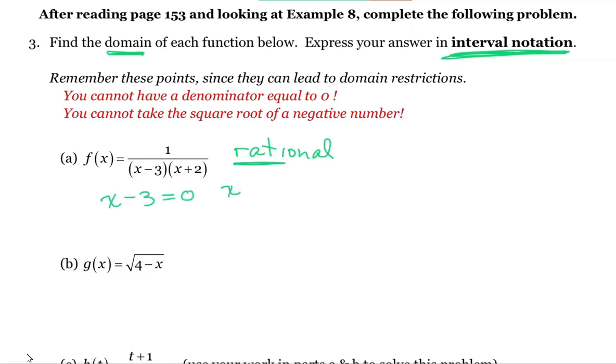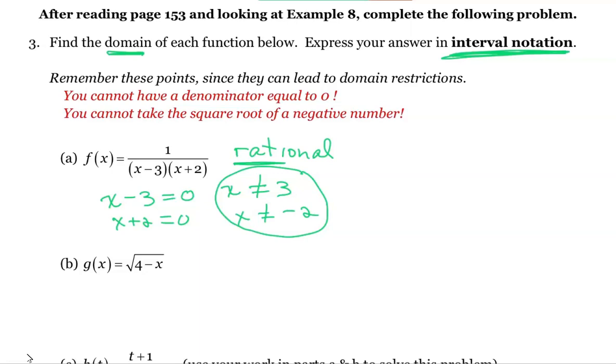That's going to give me x values of positive 3 and negative 2. That's what I cannot equal. I have so many students tell me that my domain is going to equal 3 and negative 2. It is not. That's exactly what I cannot equal.